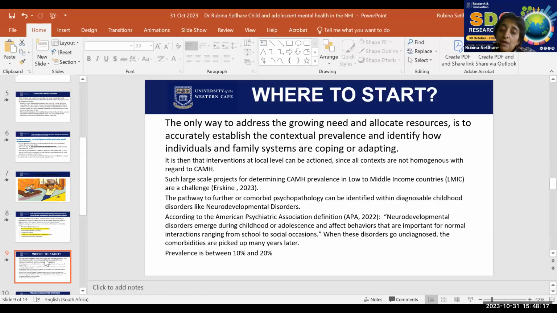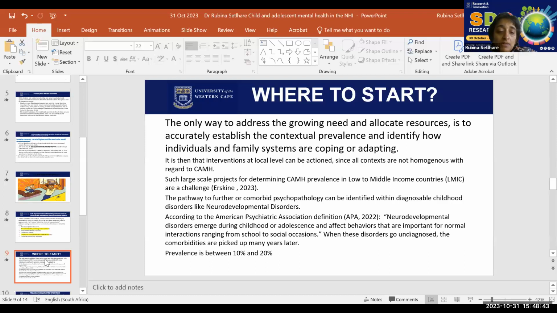So I believe that if we are able to actually start at a young age to identify what is the very first chapter within the DSM-5, the neurodevelopmental disorders, and provide support, we can actually reduce the development of later comorbid disorders or secondary disorders.